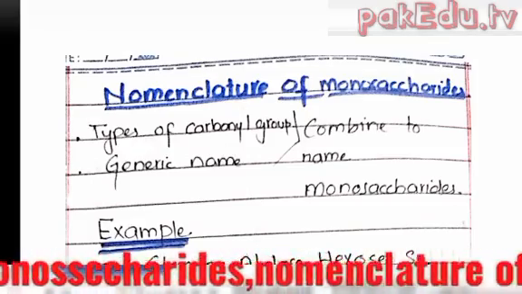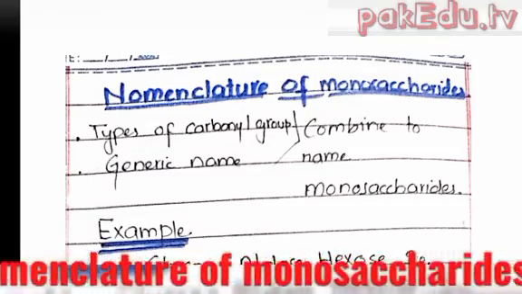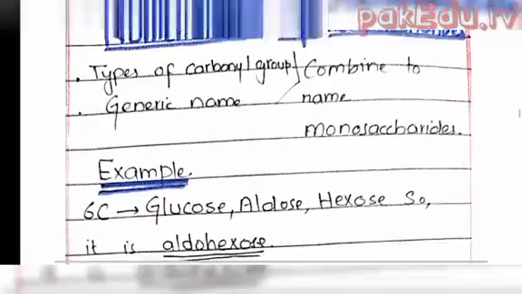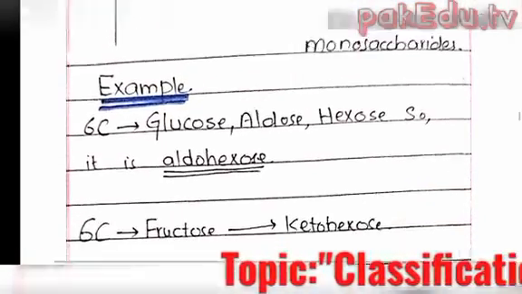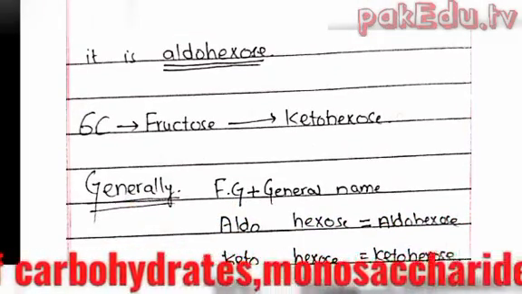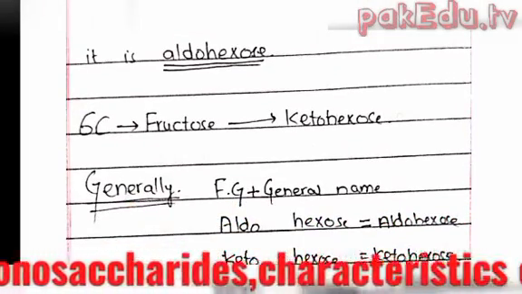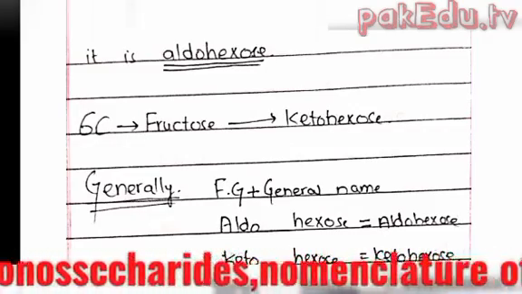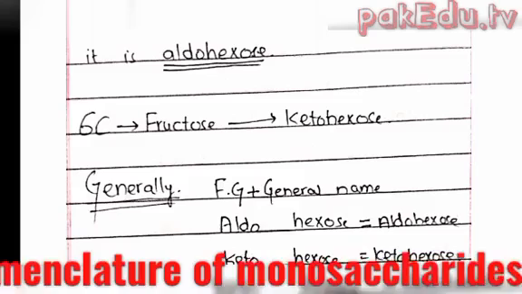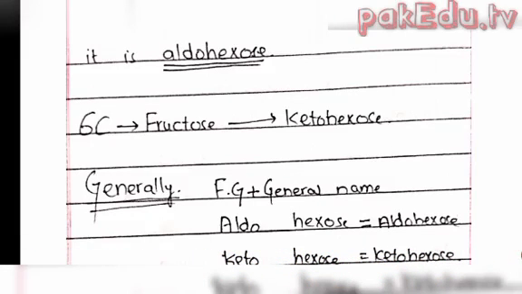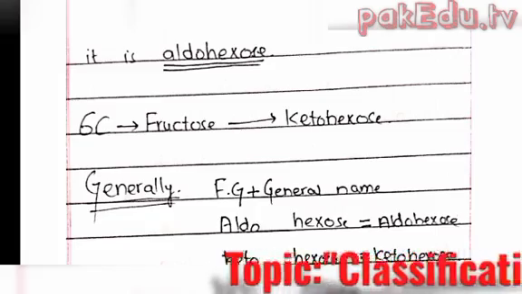One is the generic name for monosaccharides, and the second one is the functional group. First we write the functional group, and then to the right side is the general name, meaning generic name, and both combined together become the name for a monosaccharide.